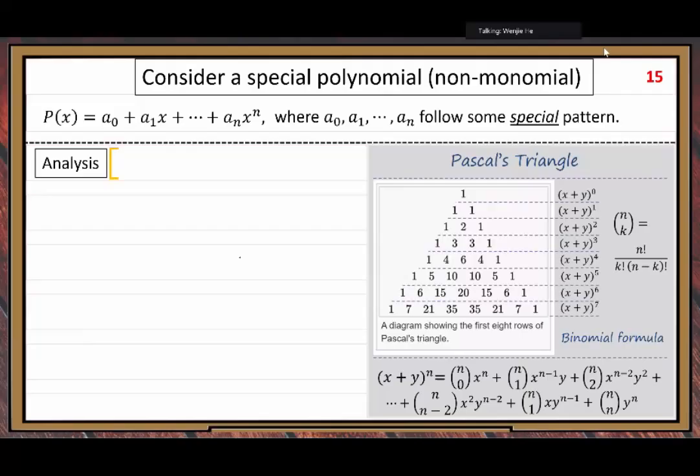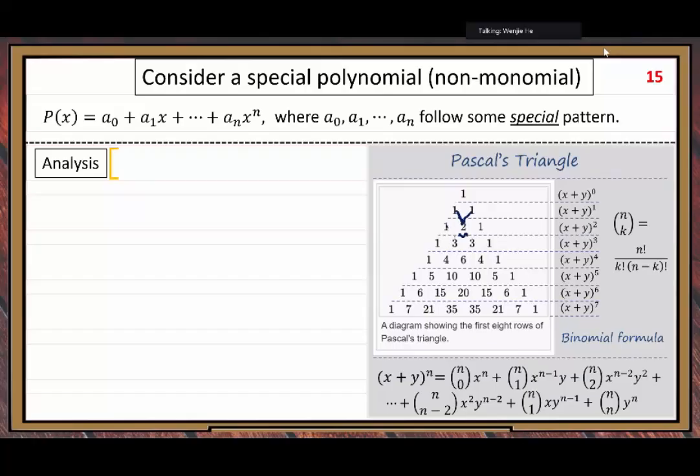And these coefficients have an interesting property. For example, when you look at the number 2 here, it equals the sum of the 2 numbers on its shoulders: 1 plus 1 gives you 2.